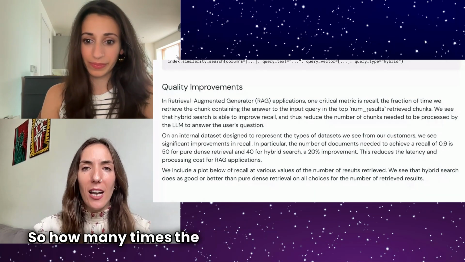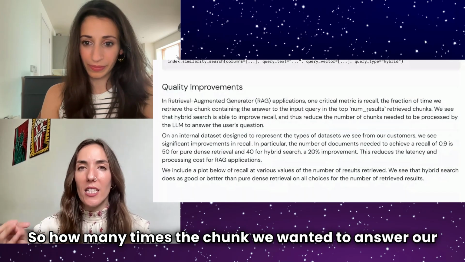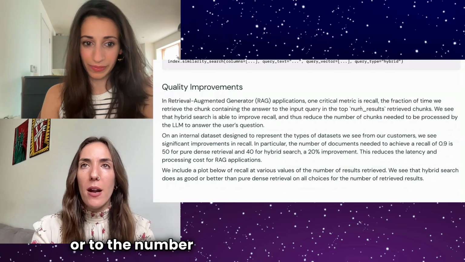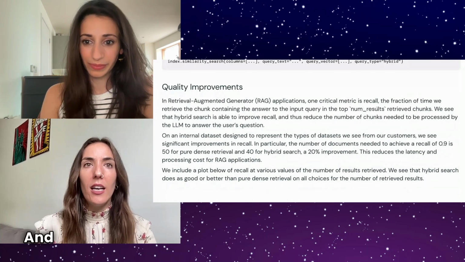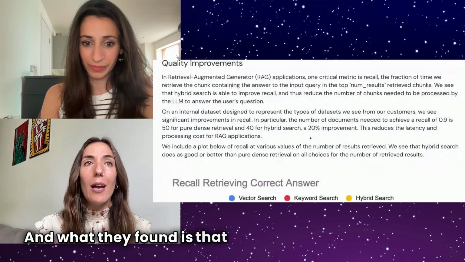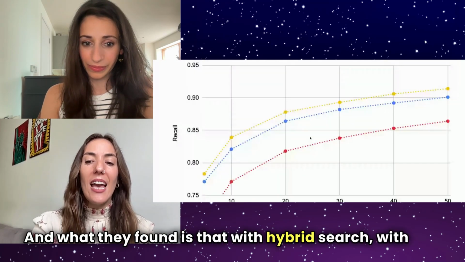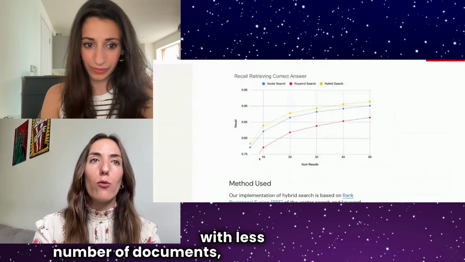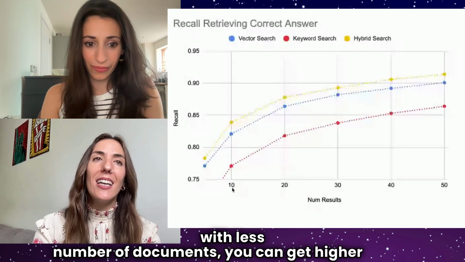So how many times the chunk we wanted to answer our question was actually returned in the top 3, or the number of results we are returning. And what they found is that with hybrid search, with a smaller number of documents, you can get higher recall.